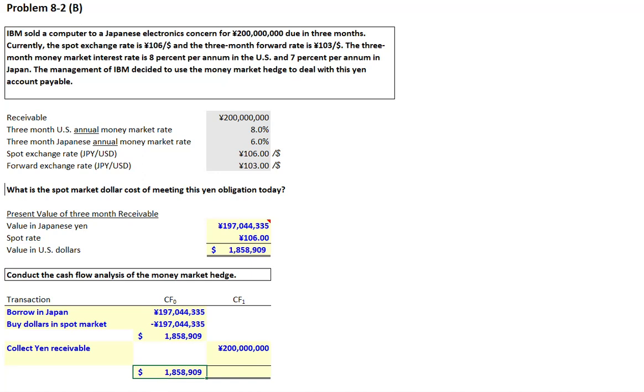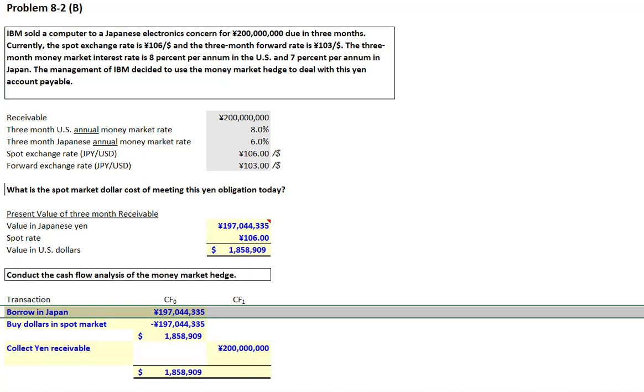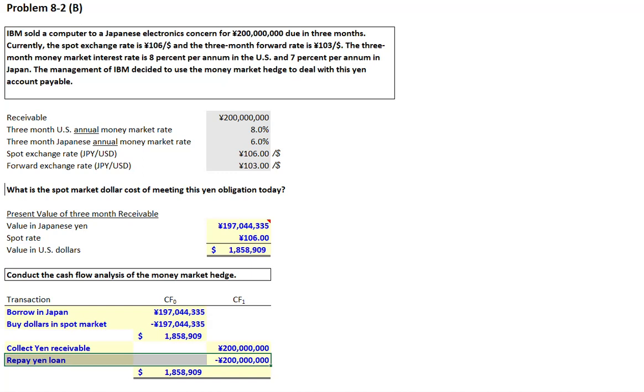Of course, at time one, we will collect the yen receivable, and we will use that to repay our yen loan, and our time zero cash flow is our 1.8 million US dollars. Our time one cash flow is zero, and we've constructed an effective money market hedge.